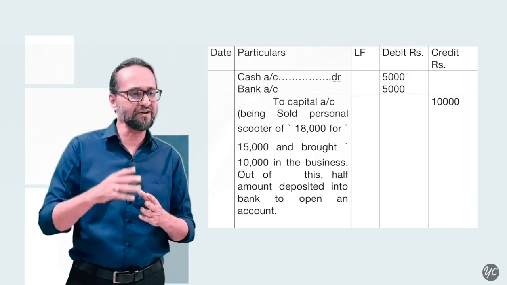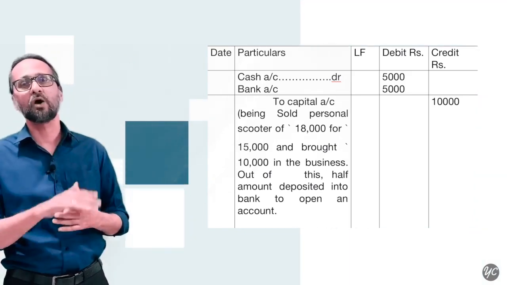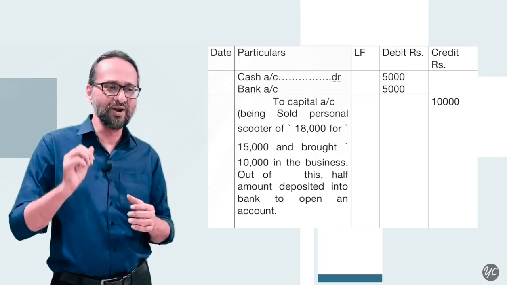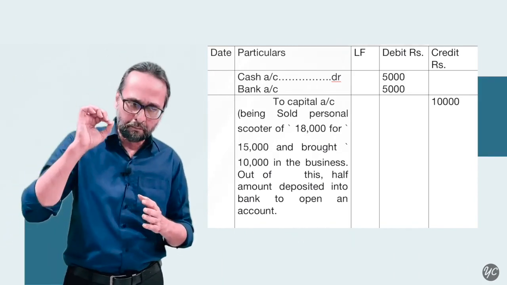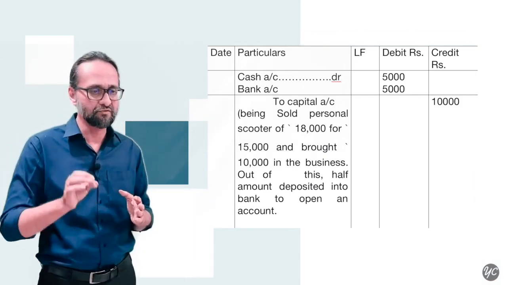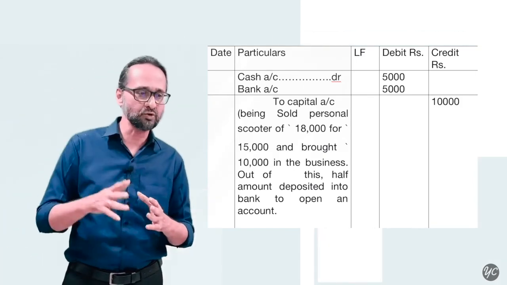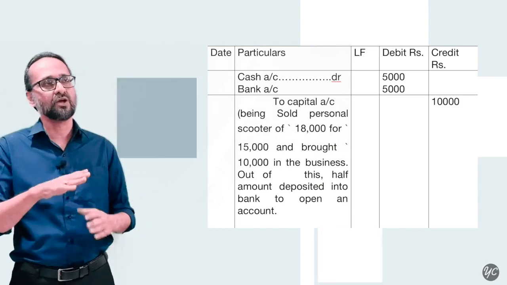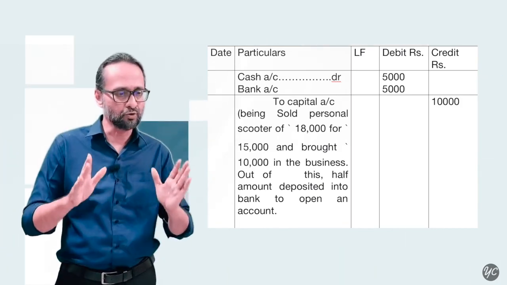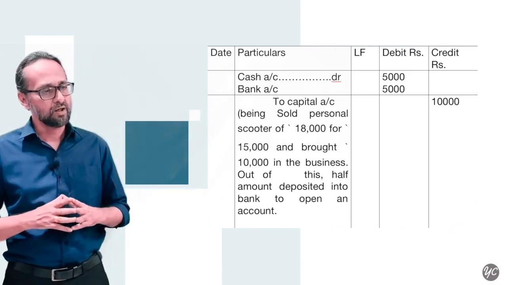Bank account debited 5,000, to capital account 10,000. Okay. And what is the narration? We write: being sold personal scooter of 18,000 for 15,000 and brought 10,000 into the business, out of which 50% amount deposited with the bank. Okay. So this is another important transaction.